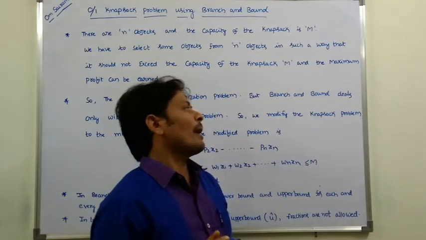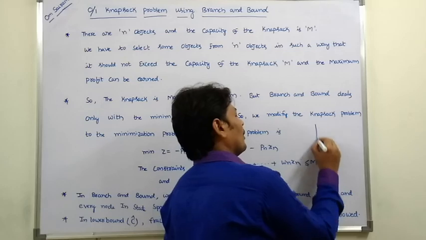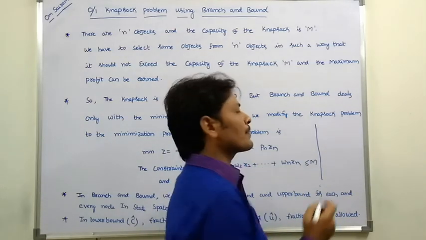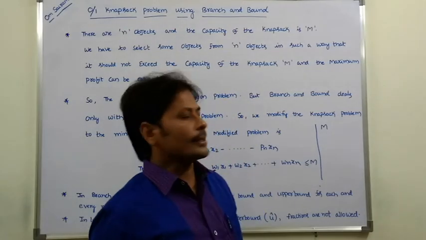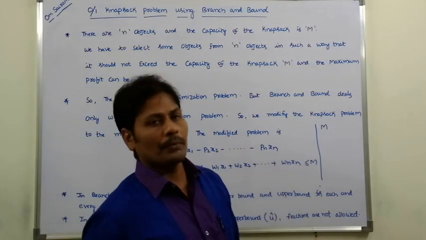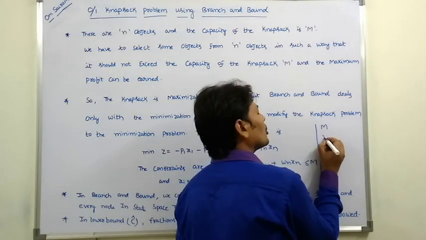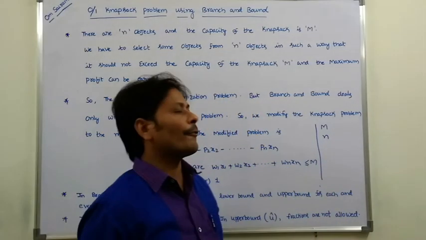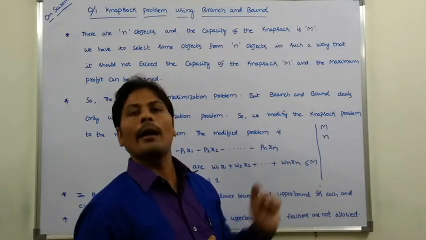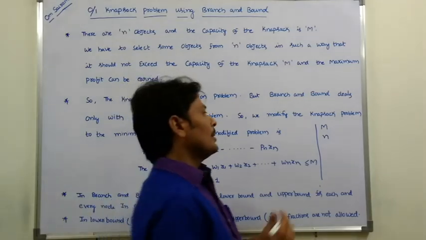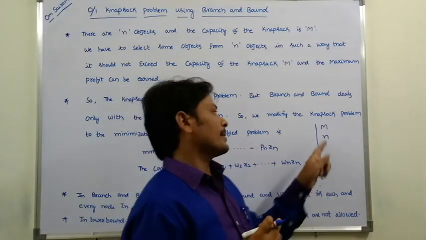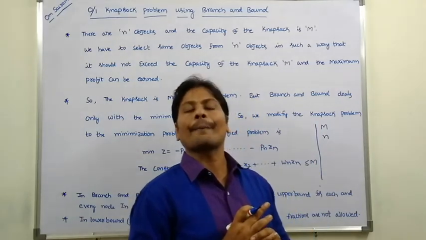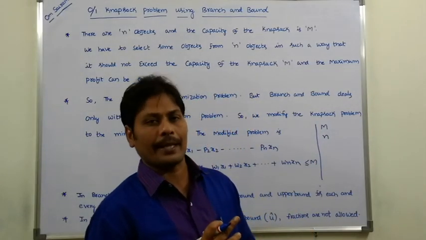In the 0/1 knapsack problem, we have a knapsack whose capacity is capital M. We have to place n objects into the knapsack such that the sum of the weights of the objects does not exceed the capacity of the knapsack.